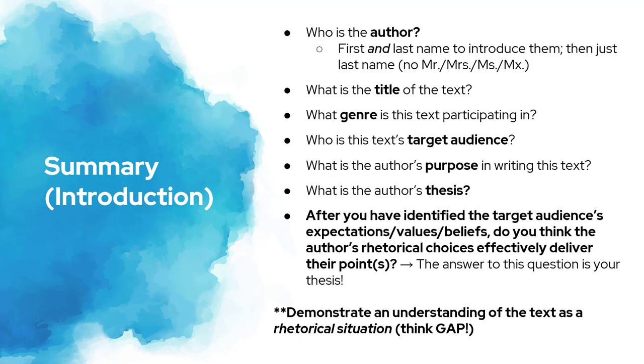Of course, you'll also want to summarize the author's thesis as well as any additional main points that they make throughout their chapter. After you've identified the target audience expectations, values, and beliefs, most importantly, you'll want to consider whether or not the author's rhetorical choices effectively deliver their points. And your answer to this particular question is your thesis for this rhetorical analysis.